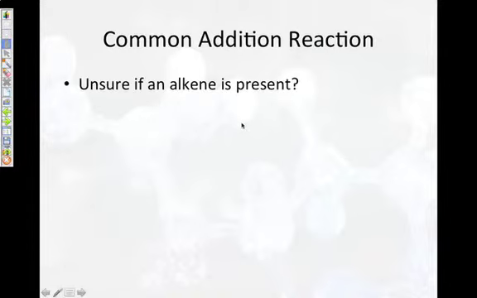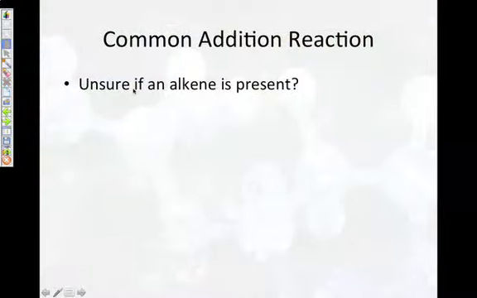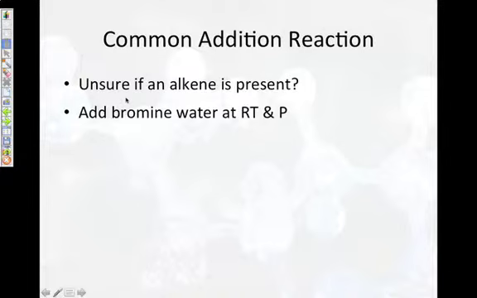Common addition reaction. First of all, and this is very common on IB exams, if you're unsure if an alkene or an alkyne, or just in general an unsaturated hydrocarbon. So you might be given a question that says, is there an unsaturated hydrocarbon present? What you would do if you saw that is say, I'm going to add it to bromine water. So bromine, Br2, dissolved in water at standard temperature and pressure, STP, so room temperature and pressure 1 atmosphere.